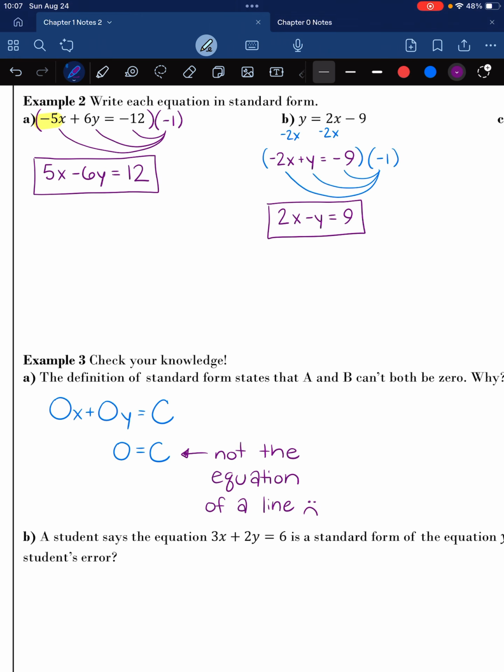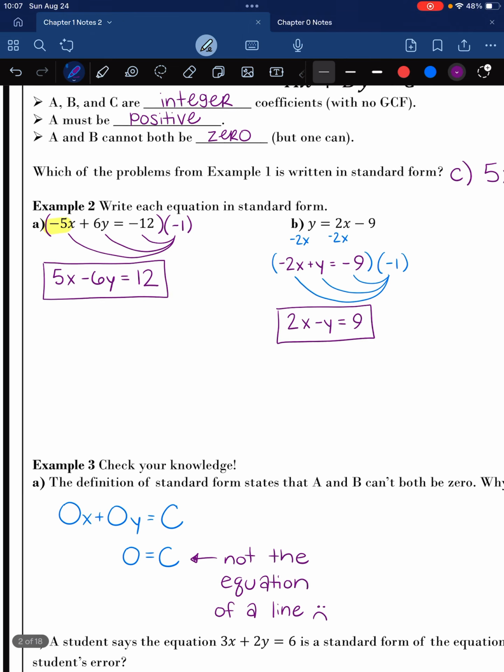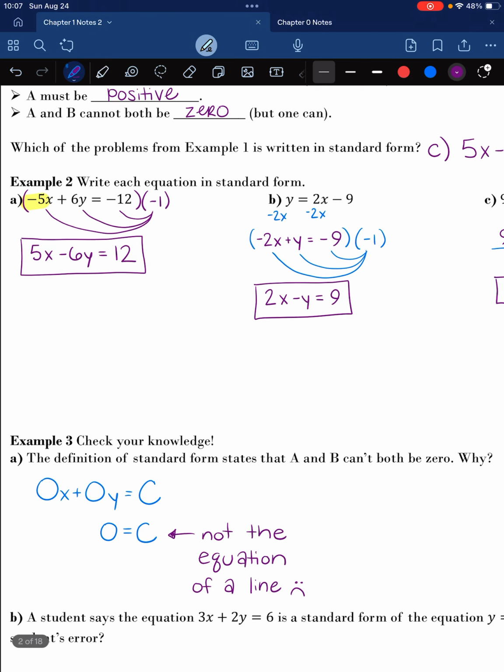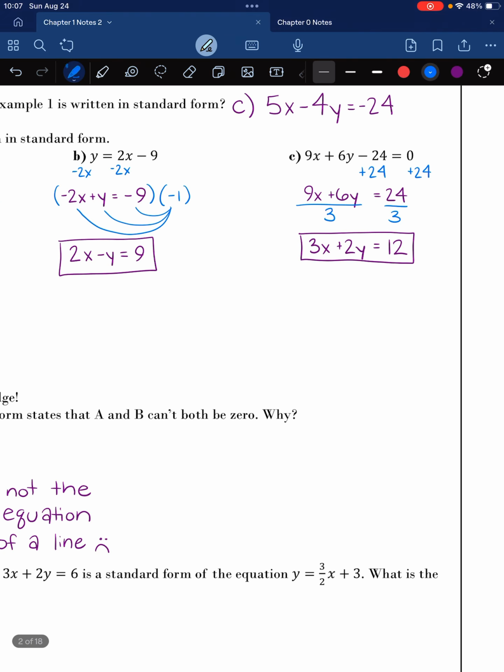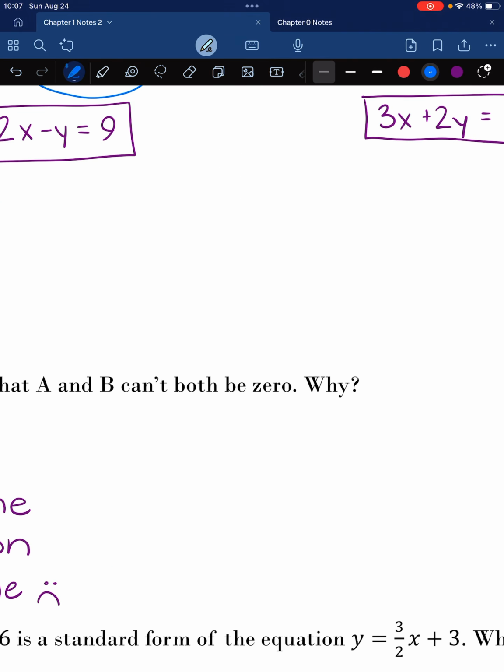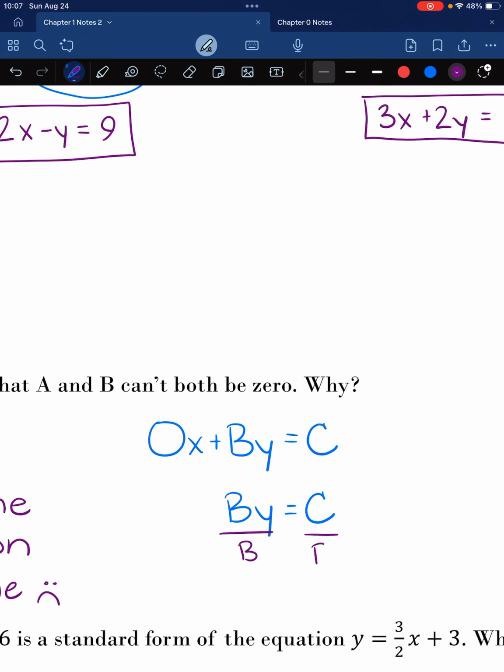Okay, but it does say one of them is allowed to be 0 in the definition up above, right? It says, but one can. Okay, so let's look at why one of them can. If I had 0x plus by equals C, then I'm going to go ahead and divide both sides by b.